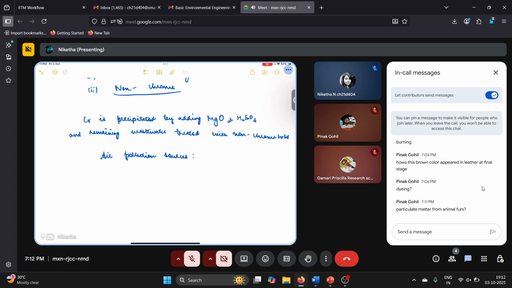So after all these processes, when we get raw leather, we do surface coating on it. The surface coating will produce a lot of volatile organics, or volatile organic compounds, or VOCs.